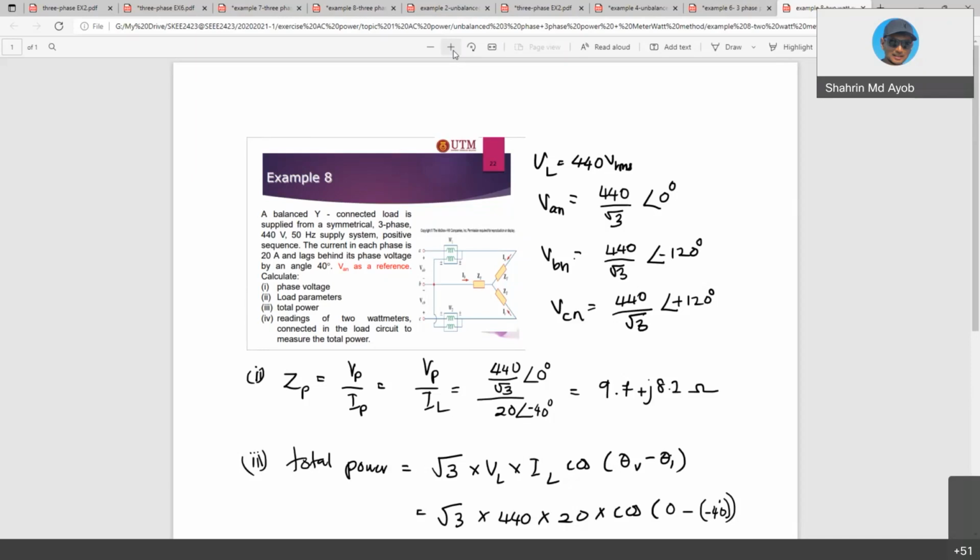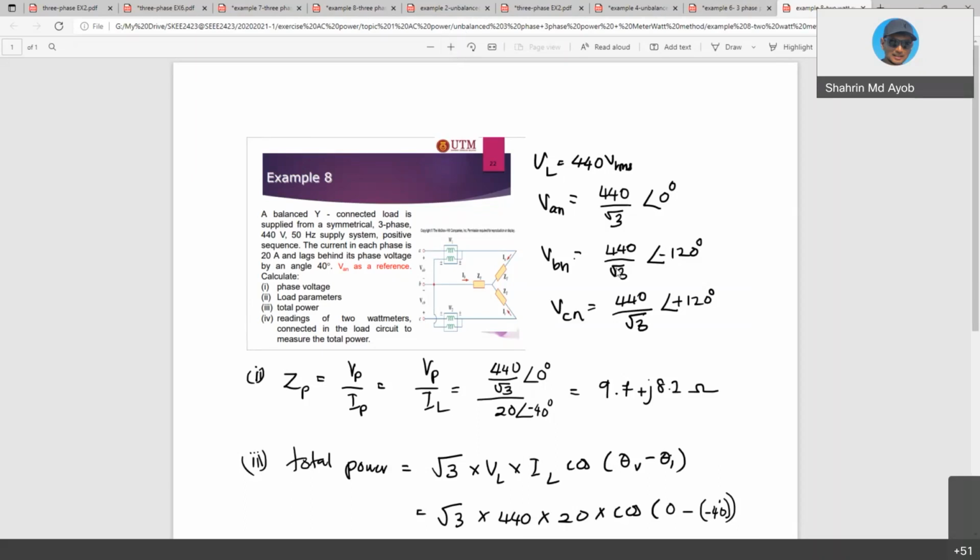But for a load or three-phase system in Y connection, we can reduce the number of wattmeters from 3 to 2. So that's why we are looking at why and how to use these two wattmeters.